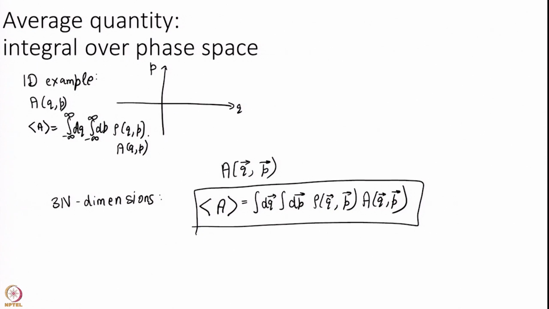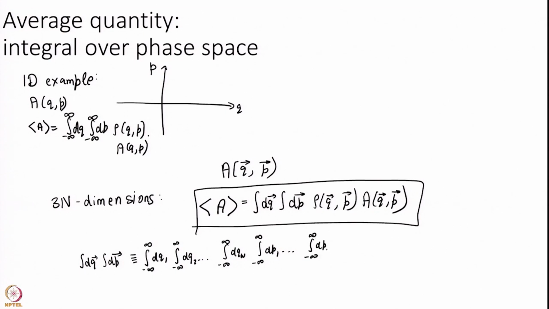And once more, just to remind you, integral over dq integral over dp is a shorthand for dq1 from minus infinity to plus infinity, dq2 from minus infinity to plus infinity, till dqn, then dp1 till dpn, each from minus infinity to plus infinity. It should be 3n.